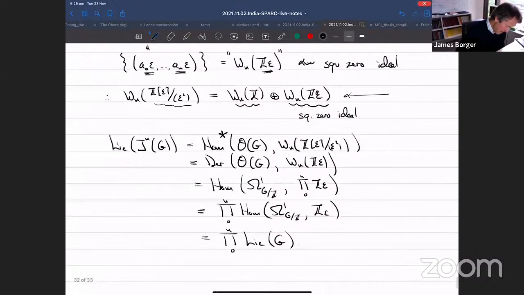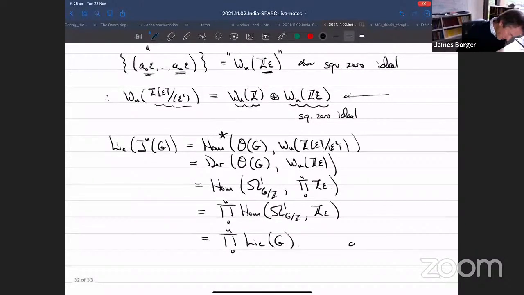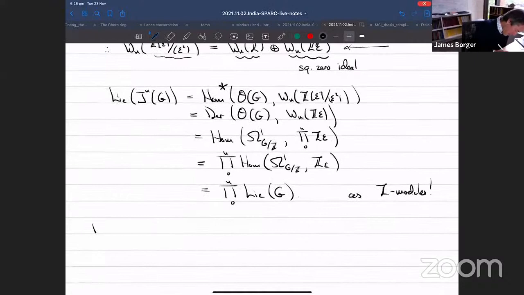It's very boring, but these are just Z modules. We still have the question of what the bracket is. And we know that there has to be something non-trivial happening, because when we did our example of J1 of SL2 away from P, it's actually the product Lie algebra, so it's the component-wise bracket. But modulo P, there is this big abelian part, so it can't be the simple product.